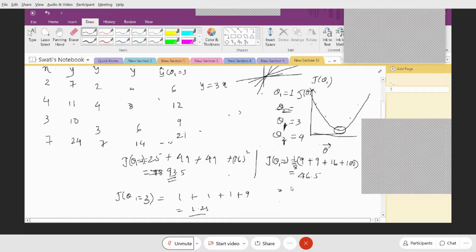This is a simple problem, so working it out was not difficult, and we realized that this is the point I'm interested in, the value of theta 1 where my minimum value for the error lies.